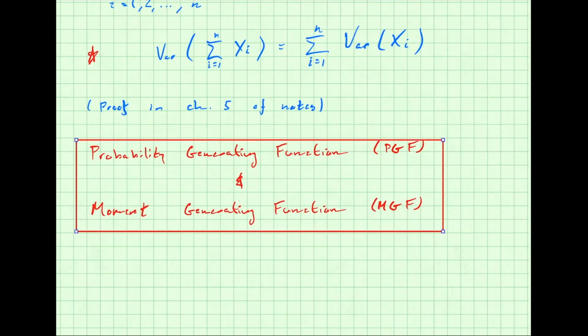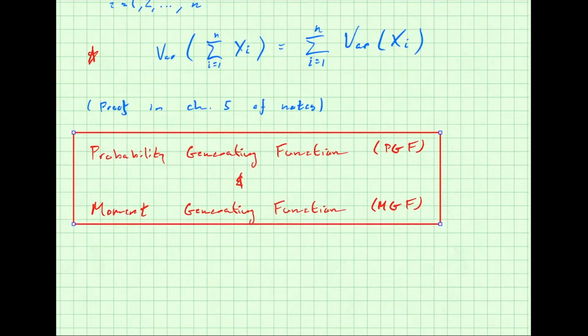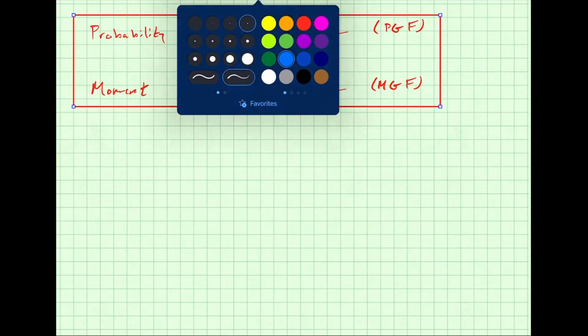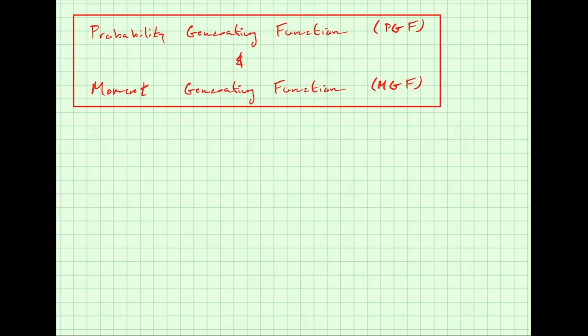This is our final big section of chapter 4. Now, before I do anything formal, I want to talk a little bit about what this is about. What are we doing this for? When someone tells you about a new random variable, you can characterize it with a bunch of different things.